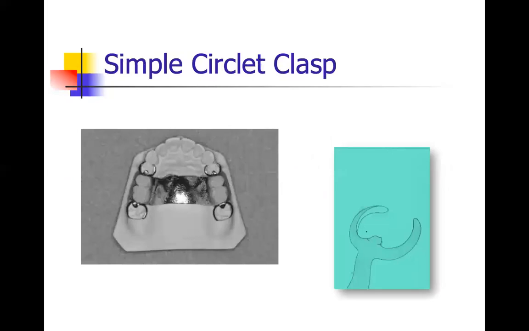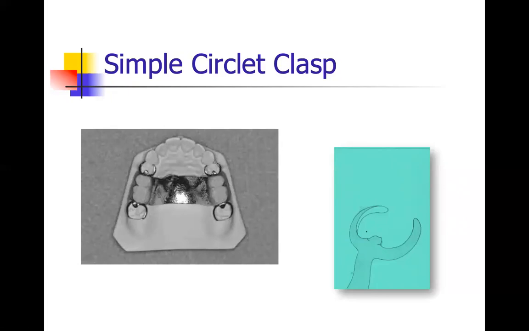Now, the first type of encircling clasp is the simple circlet clasp. It is the basic form of the circumferential clasp. It has a buccal and lingual arm originating from a common body.